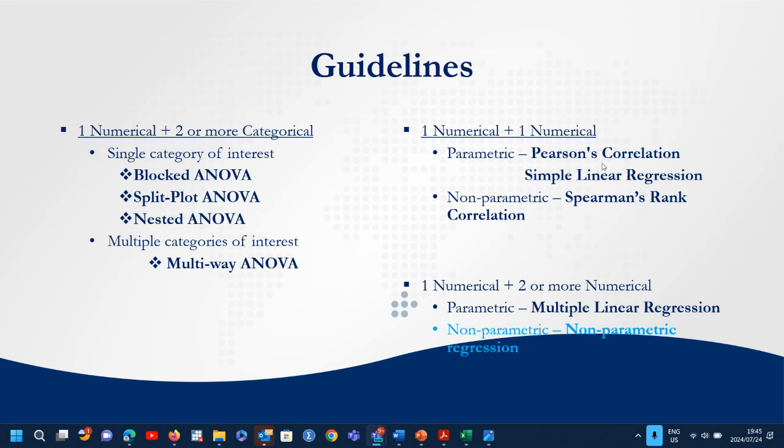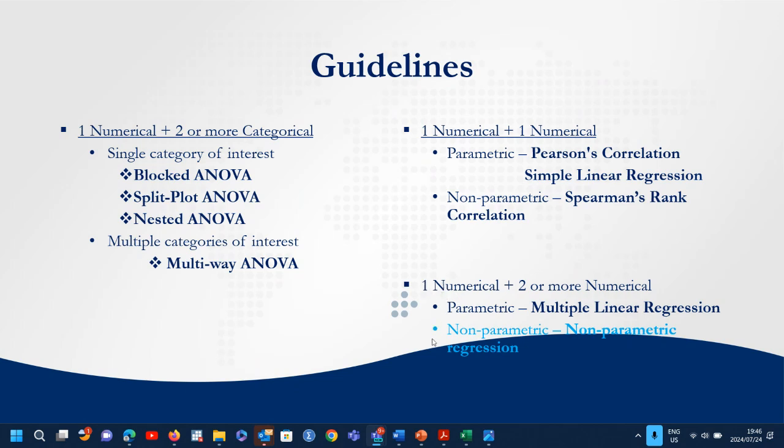You can do a Pearson's correlation, or depending on what you want to do, a simple linear regression. So in your proposal, when you're looking at a correlation between two numeric variables, you can say in terms of your statistics, you're going to be doing a Pearson's correlation. And if you want to do a model, then it's going to be simple linear regression.